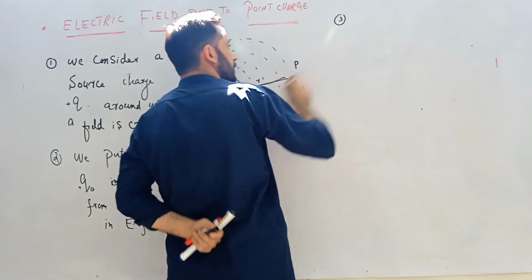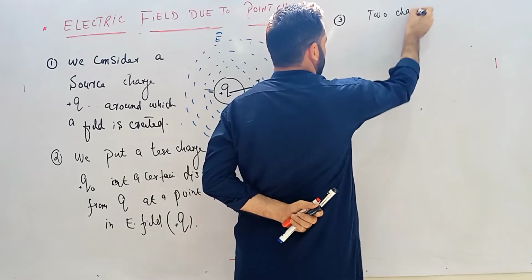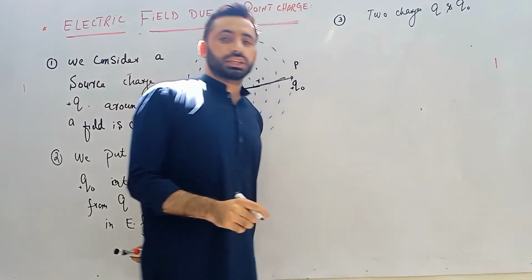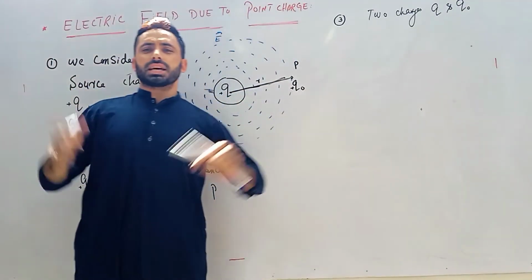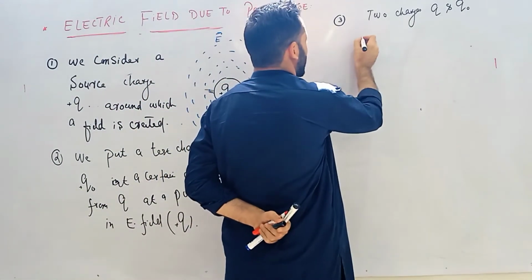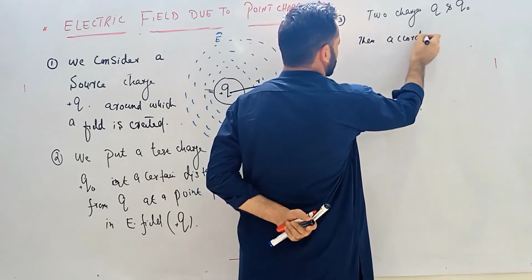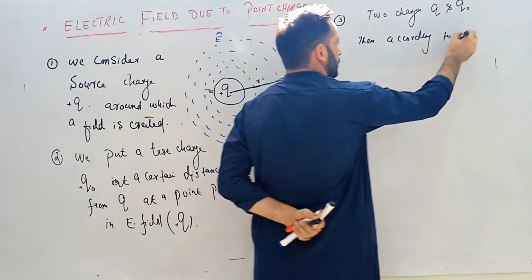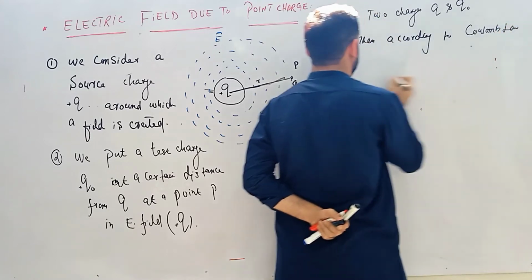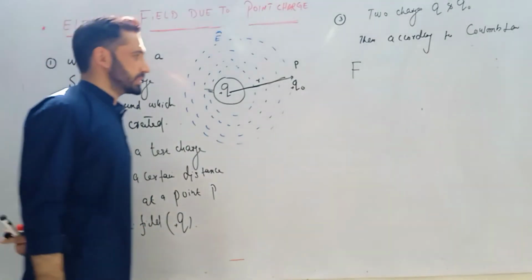There are two charges, Q and Q naught, at a certain distance. According to Coulomb's law, there is a force between Q and Q naught.